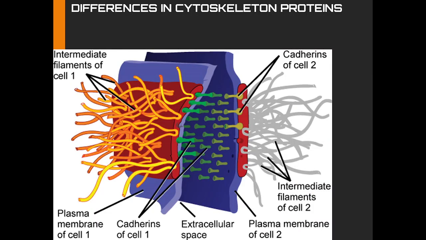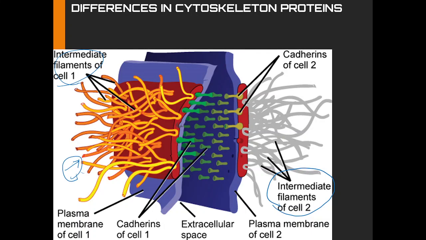And if you look at the structure of an intermediate filament, these two cells' outer membranes have been shown, and this is from the inside. These are your intermediate filaments of cell 1, and these are the intermediate filaments of cell 2, associated with the plasma membrane.